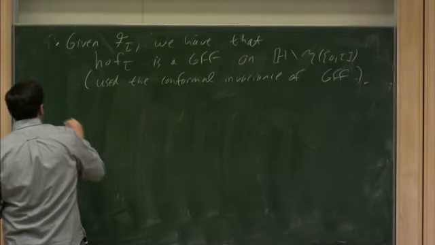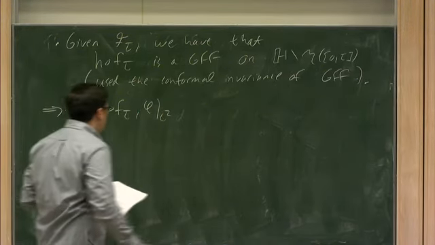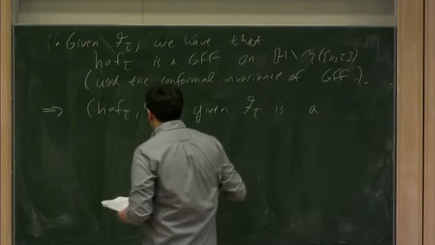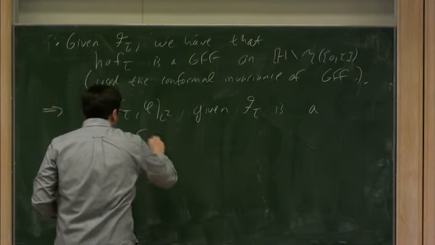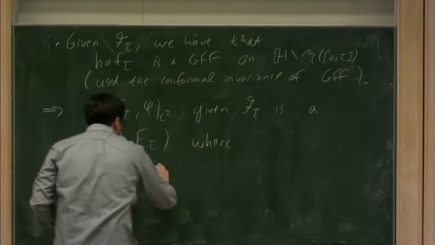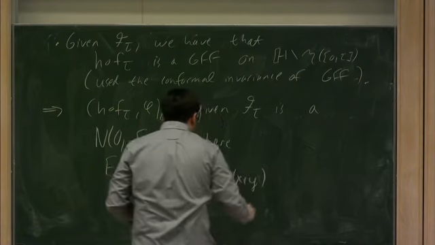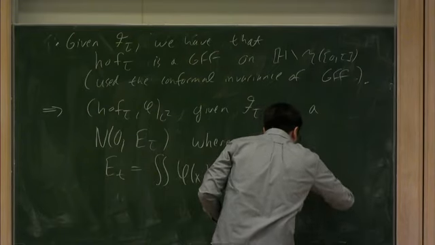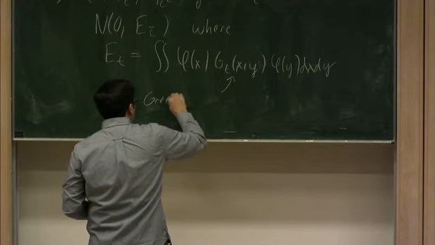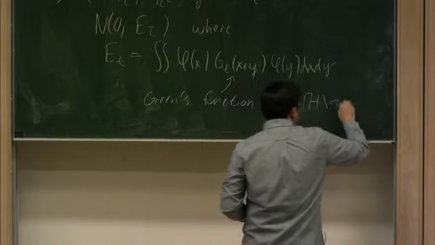Okay, so this tells us that if I integrate h composed with f tau against phi, then given f tau, this is a normal random variable with mean 0 and variance e tau, where for a given value of t, I'm going to let e sub t be given by the integral of phi of x against the Green's function for the Laplacian in the upper half plane minus the path up to time t.